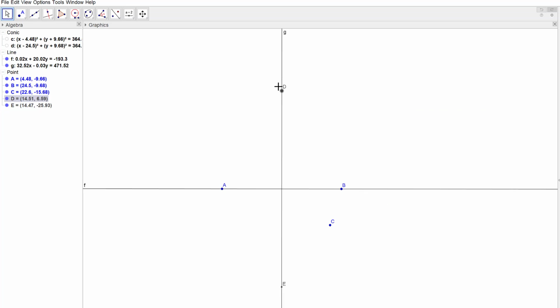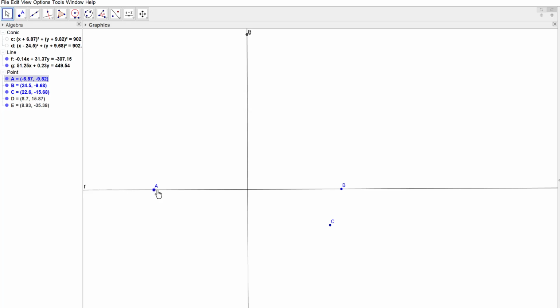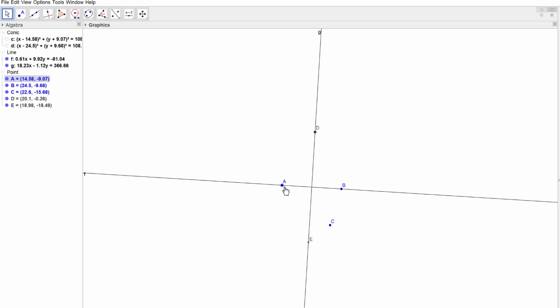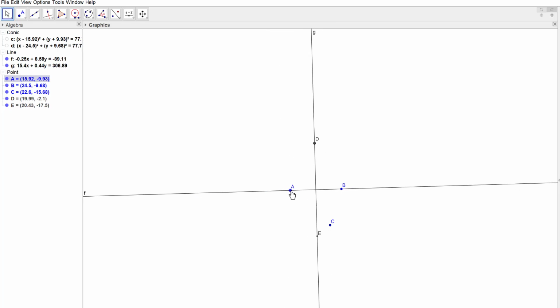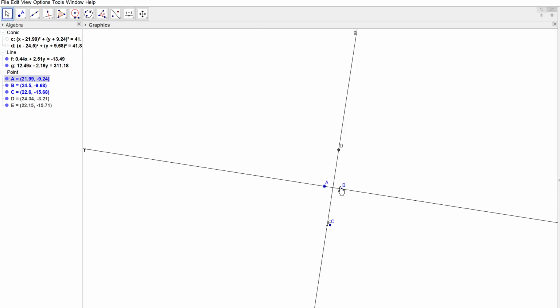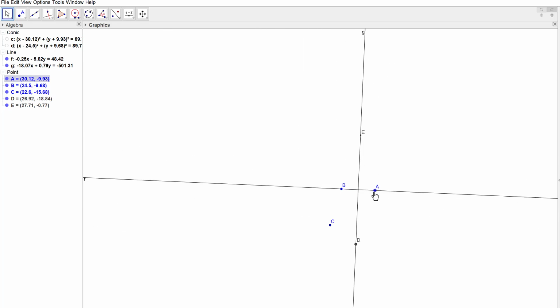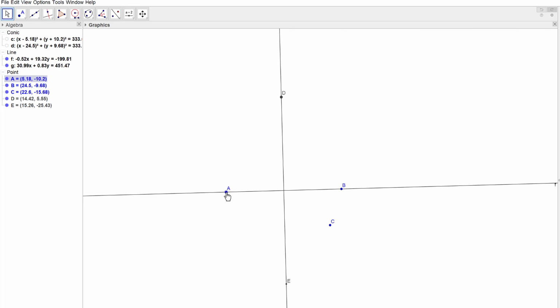So keep an eye on this point as I move A and B. If my circle gets too small, it disappears. Why does it disappear?